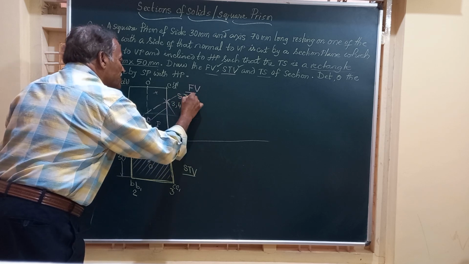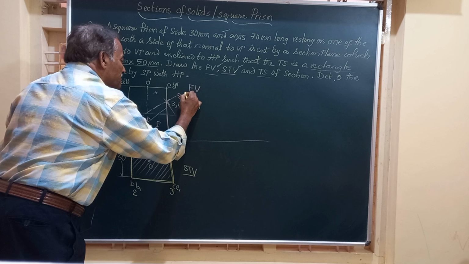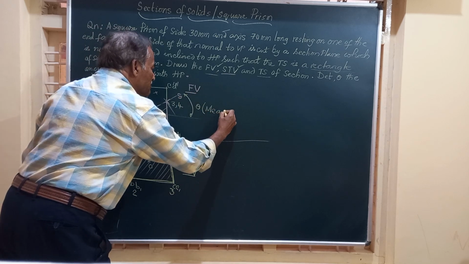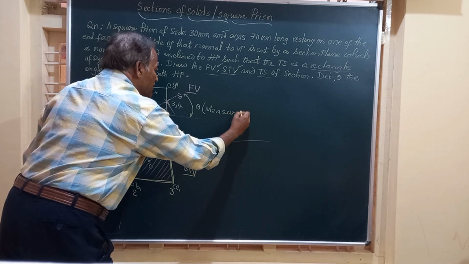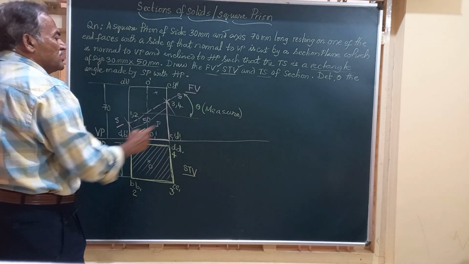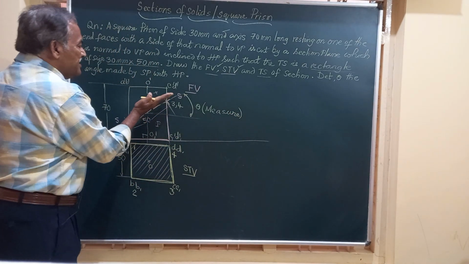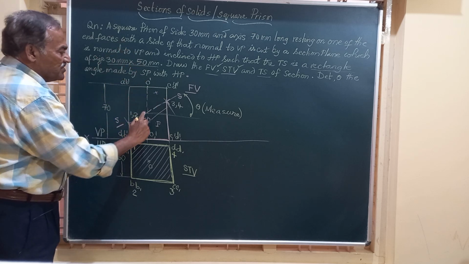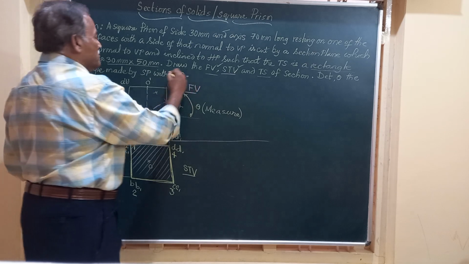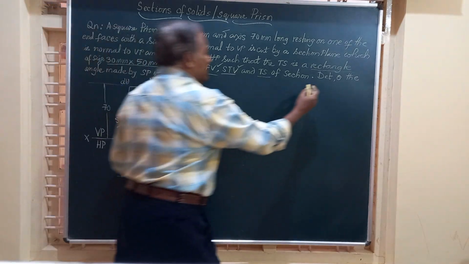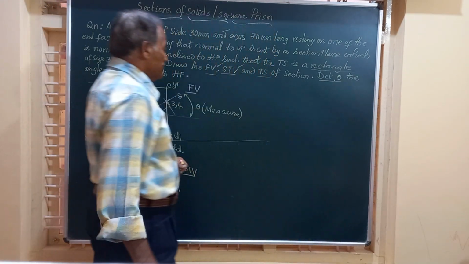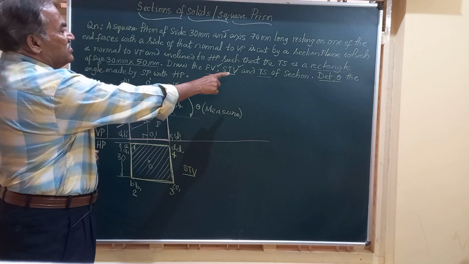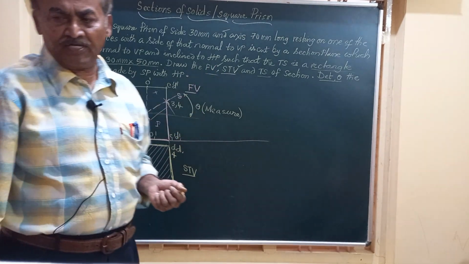This angle will give you theta, the inclination. Measure theta using a protractor. This will give you the inclination of that section plane or the cutting plane with HP. That is asked in the question: determine theta.